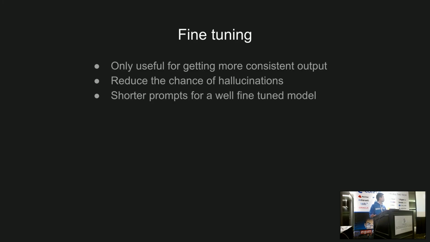So fine-tuning only makes sure the result is more consistent. For example, if you have a very structured output that you're expecting, such as a yes or no answer, or a super structured enum-based answer, then yes, you can fine-tune the model so that it hallucinates less and outputs the consistent format more frequently. So that's, I think, the only advantage of using fine-tuning.